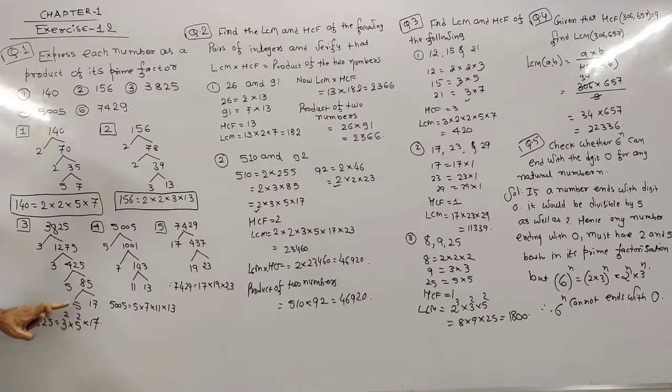Again we have to divide by 5, 5 1s are 5, 35, 5 7s are 35. So the prime factorization of 3825 is 3 two times, 5 two times, and 17 one time. So you can say 3 square into 5 square into 17.